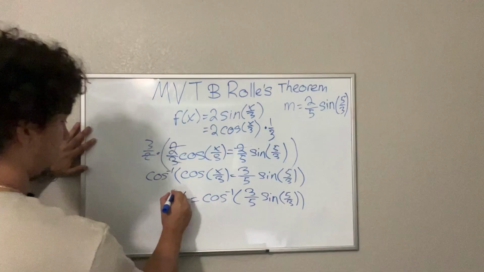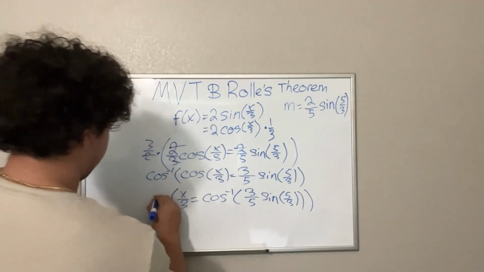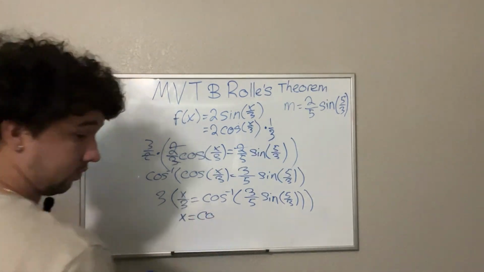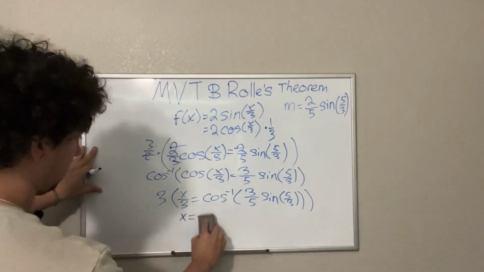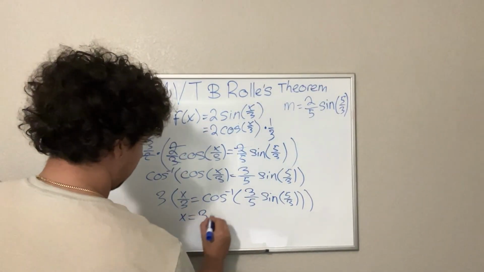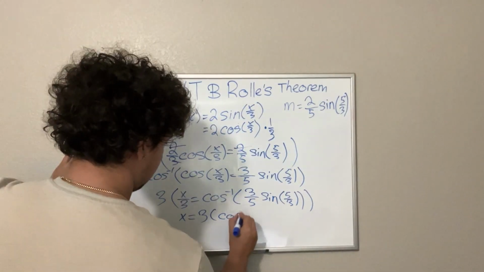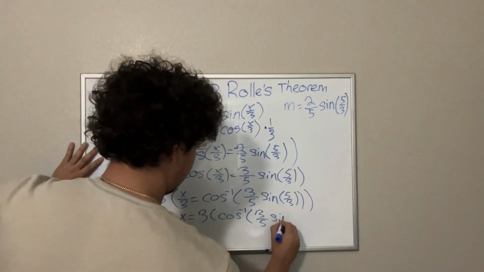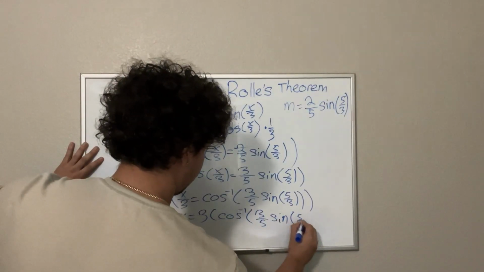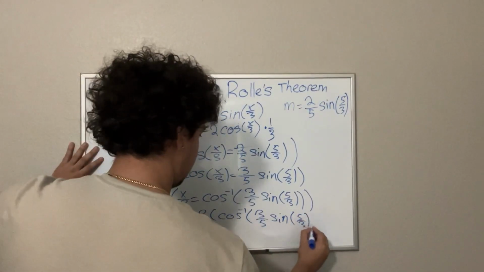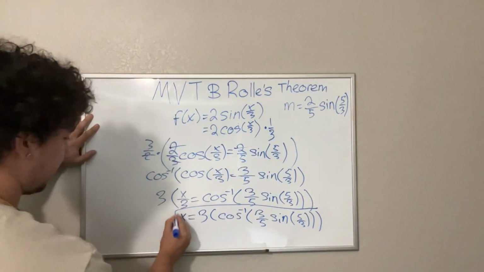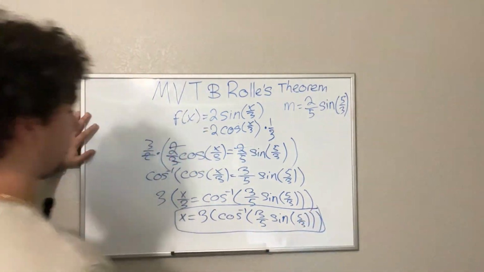All right, and now, last but not least, I have to multiply this whole thing by 3. That gives you x is equal to 3 times cosine inverse of 3/5 sine of 5/3. And there's nothing else you could do here, so that's actually the end of the question, with that being your final answer in that case.